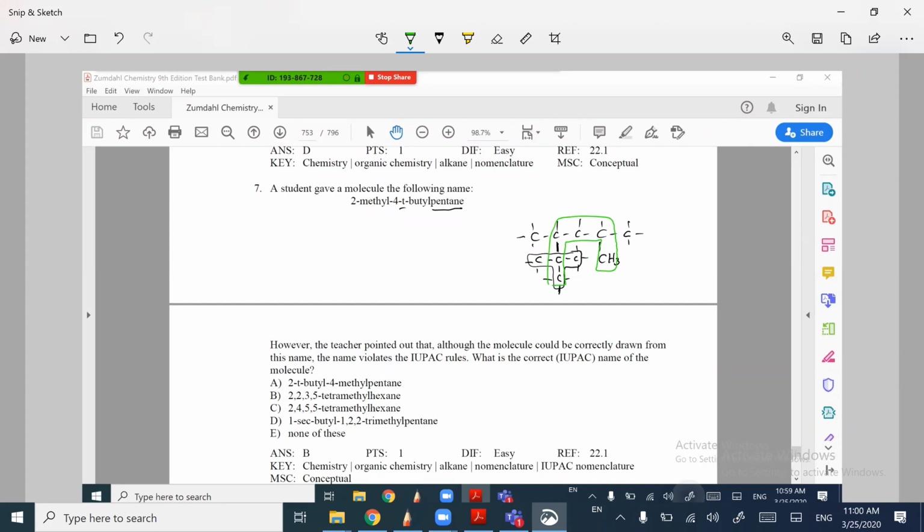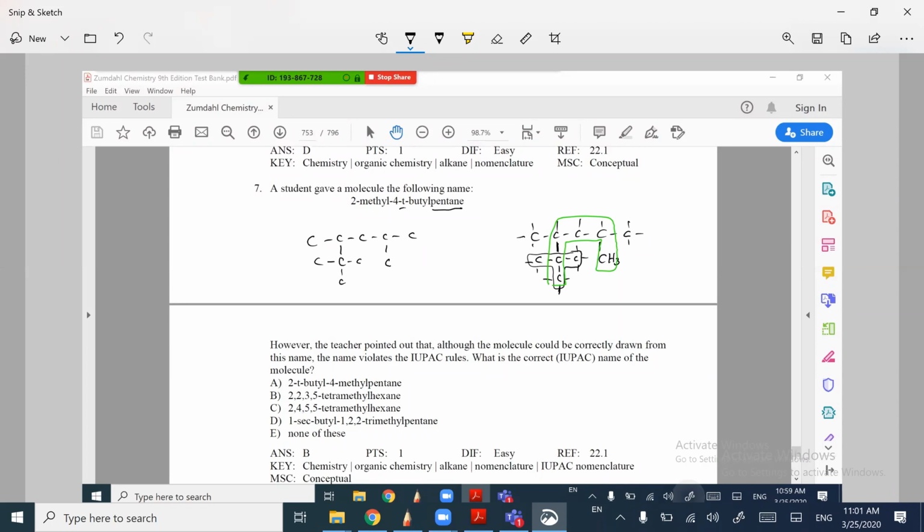Let's draw it another way to be clear to you. 1, 2, 3, 4, 5, 6. In this carbon atom, 1, 2, 3, 4, and this carbon atom, 1. Firstly, choose the longest carbon chain.